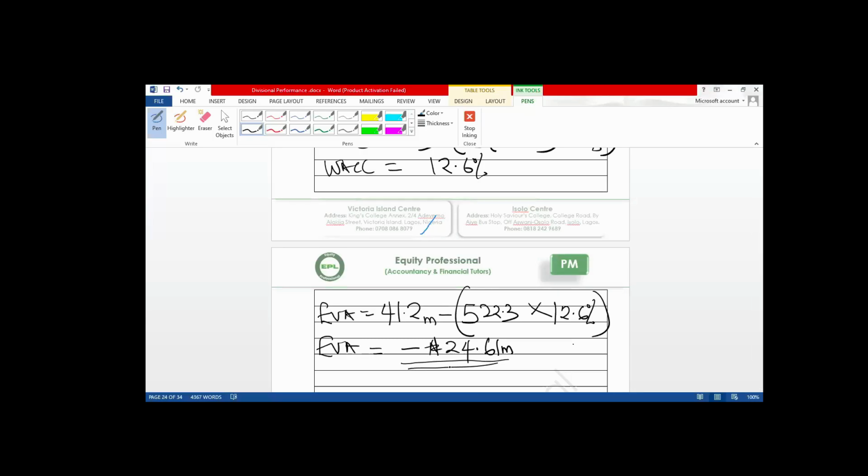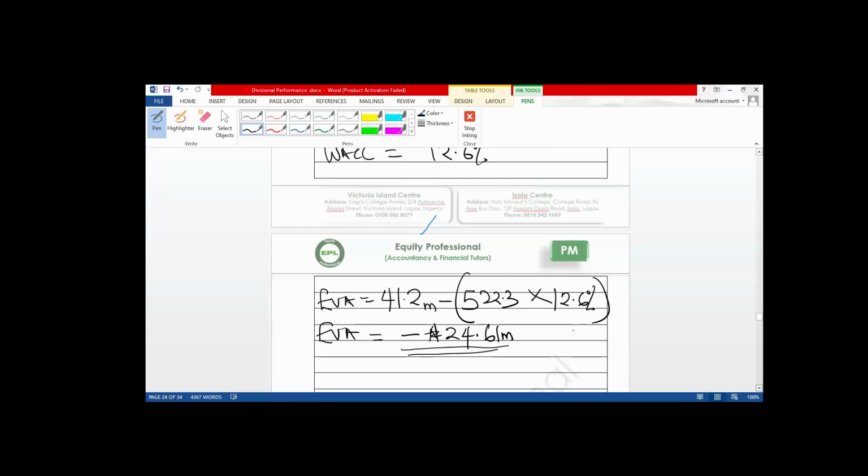The wealth of the shareholders will reduce by 24.6 million naira. That means the company is not doing well.